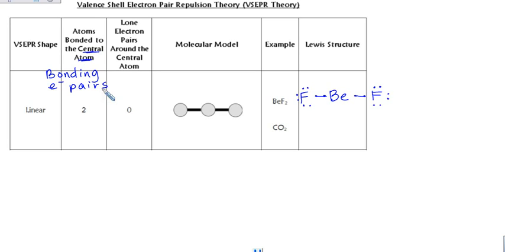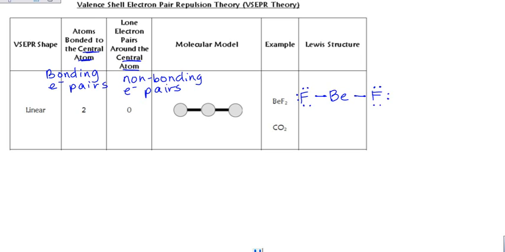Or they could be lone pairs of electrons around the central atom. Lone pairs are non-bonding electrons. And again, we're concerned with the central atom. What kind of electrons are on the central atom? Are they bonding electrons or are they non-bonding electrons?